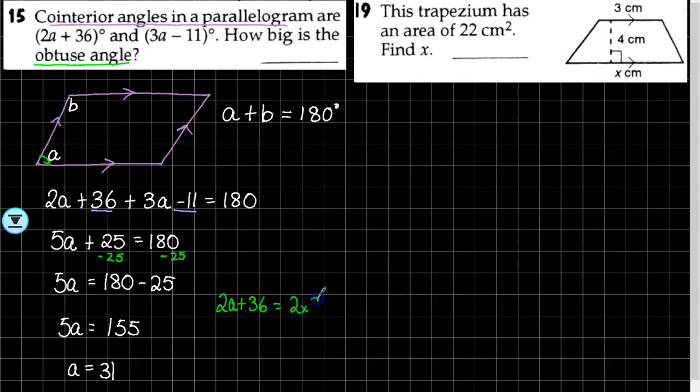So we're going to say 2 times 31 plus 36. So we get 62 plus 36, and that is 98 degrees. Now that's bigger than 90 degrees, so that would be my obtuse angle. If I pop in 3 times 31, that's 93, take 11, that's less than 90, so that would be the acute angle. So that one is my obtuse.